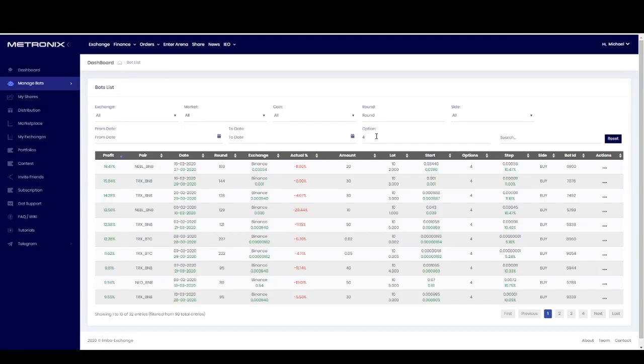I have many trading slots opened with Niblio, Tron and Neo. So I want to support these coins and create my own staking portfolio. With option number 4, I can take more and more coins out of the market. Let's take a look at how this works.